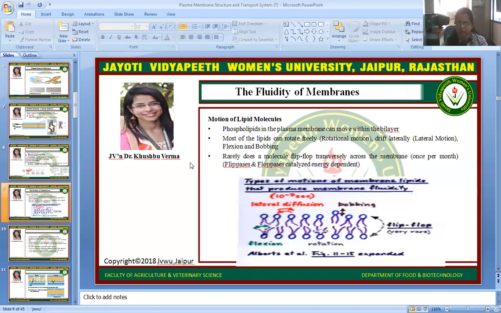There are different types of movements, like flip-flop, lateral diffusion, flexion, rotation, and bobbing. Here in this diagram, bobbing means up and down, and flip-flop means one lipid molecule will change sides with another.